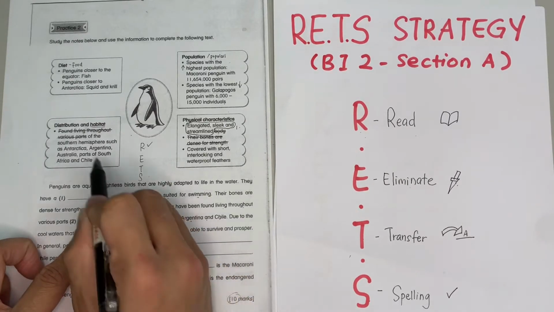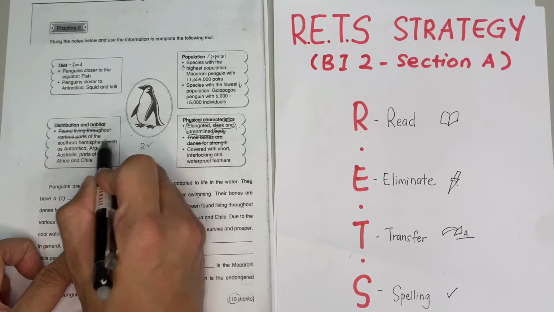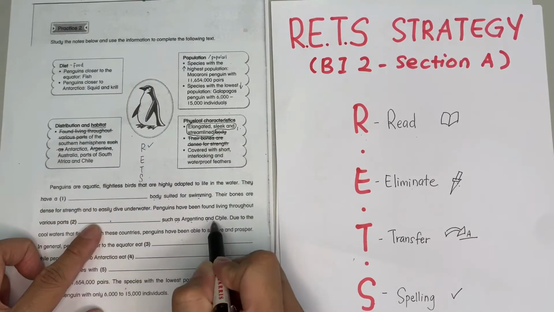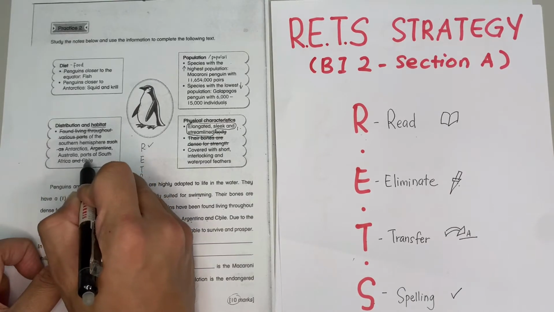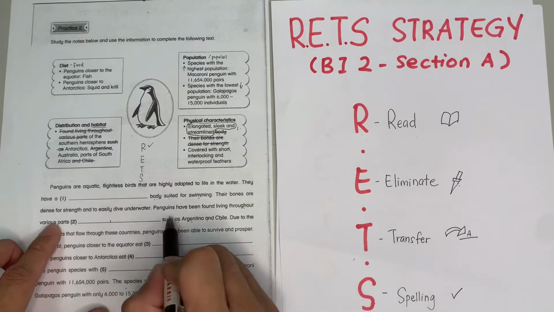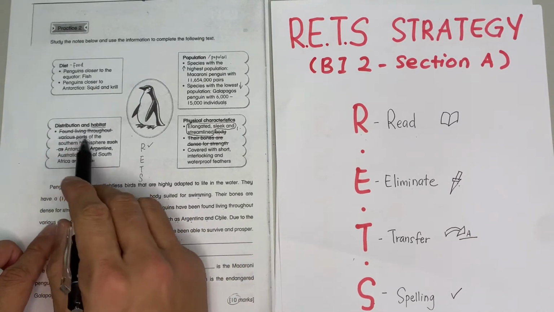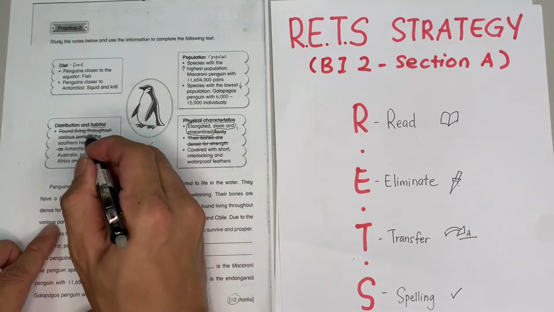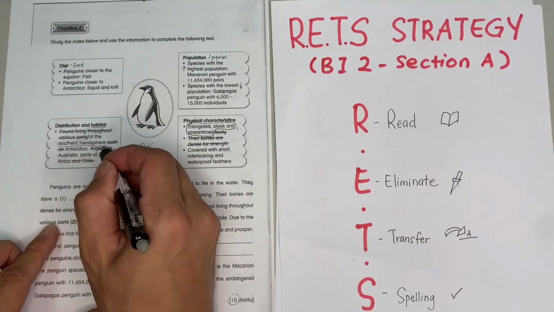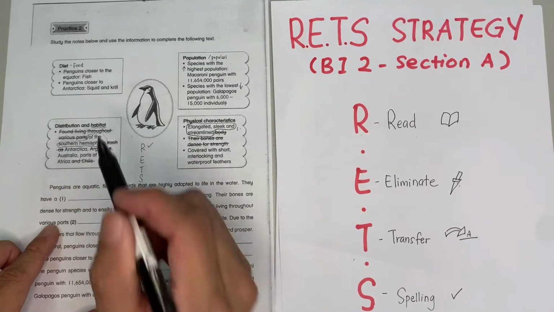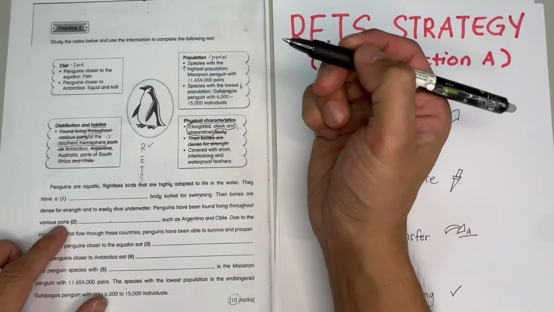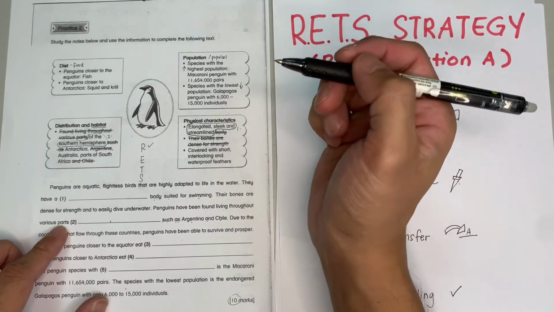We're going to eliminate such as Argentina and Chile. So what is the possible blank in between various parts and such as? Various parts, such as. So this is the possible answer: the southern hemisphere. Do you see it? Okay, so this is the possible answer for question number 2.